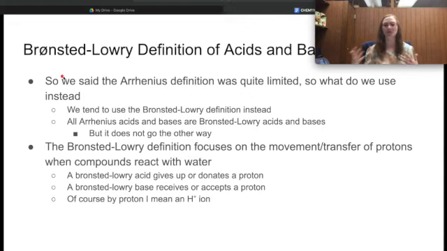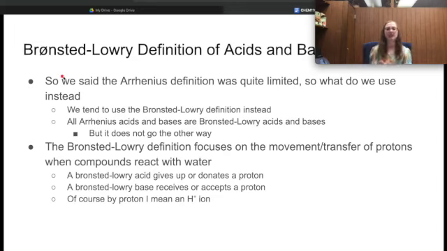Bronsted-Lowry is a more general definition that we can actually use and leverage just a bit more. Instead of looking at the actual chemical formula and trying to figure out how these different compounds dissolve in water, the Bronsted-Lowry definition focuses on the movement or transfer of protons when the compounds react with water, for example.